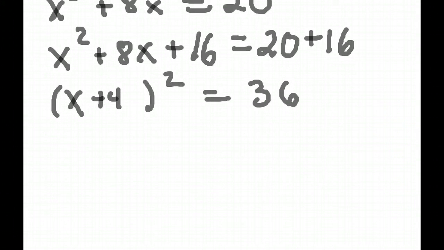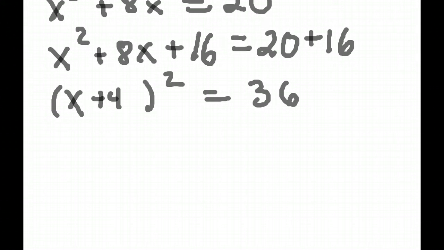So what are our two roots? How do we find our two roots? What's our next step? Now that we have an equation, we can take the square root of each side. So the next step, we use the square root property, and we square root everything in the equation.